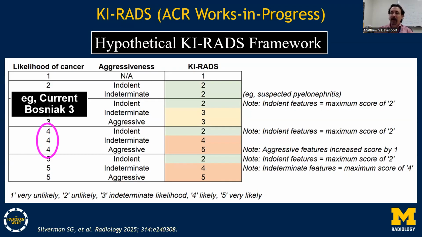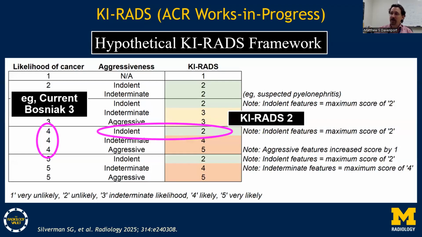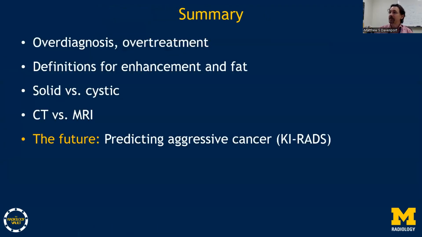For example, a mass that has a pretty high likelihood of cancer, like a Bosniak 3, which in modern days is about a 70% chance of being a cancer, but also tends to be indolent. About 90% of Bosniak 3s are indolent, so this would be assigned a score of KI-RADS 2. As a hypothetical example, again, this is just for demonstration purposes.